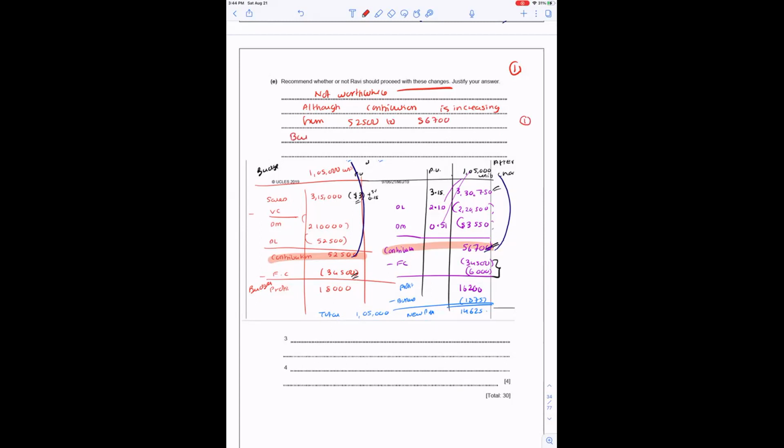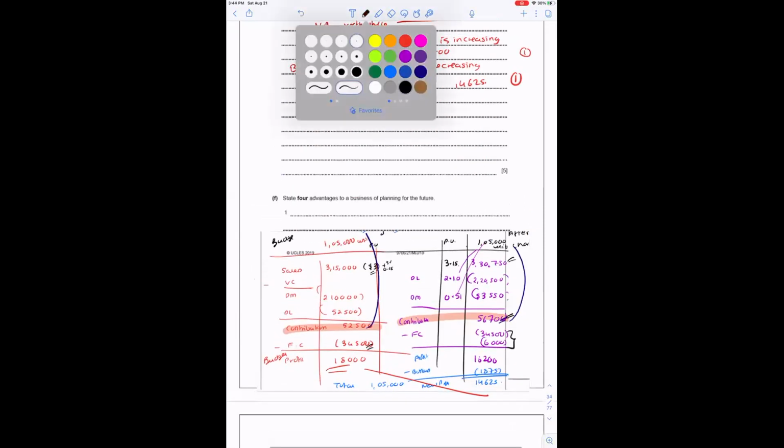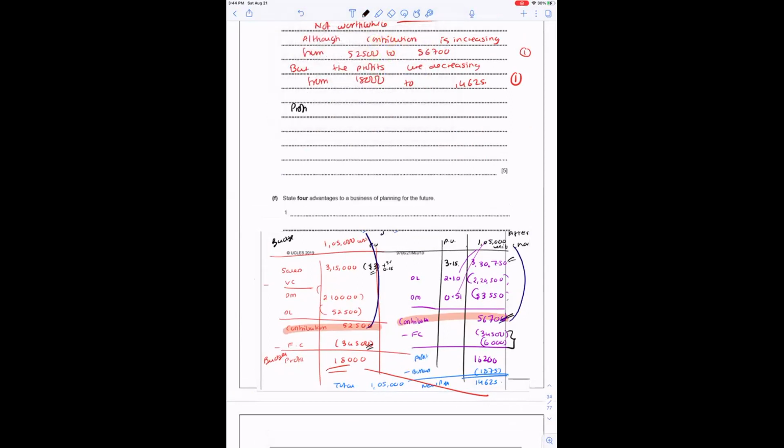But the profits are decreasing from 18,000 to 14,625. The profit is decreasing by, again 1 mark for this, the number of units that you will write.